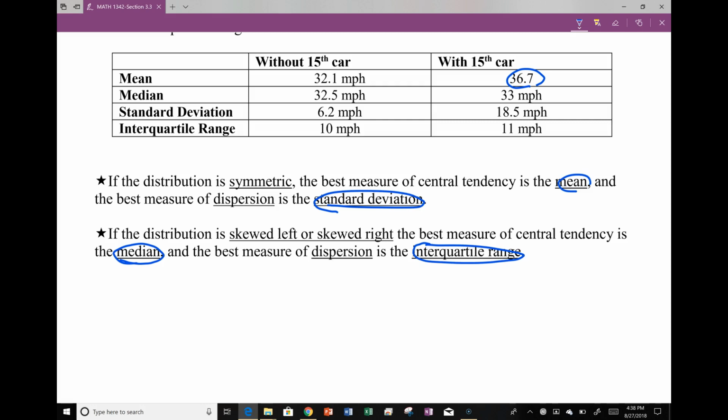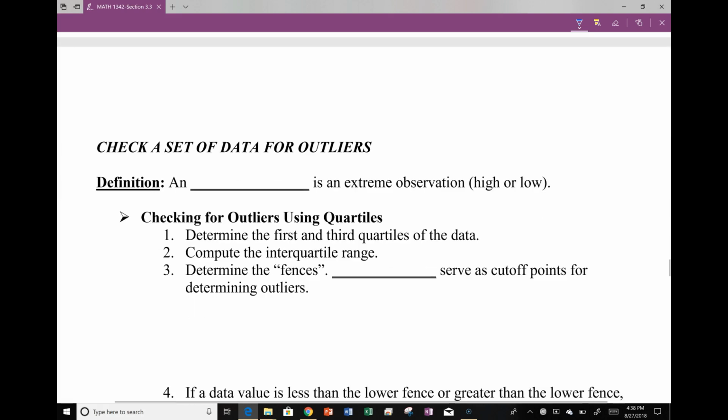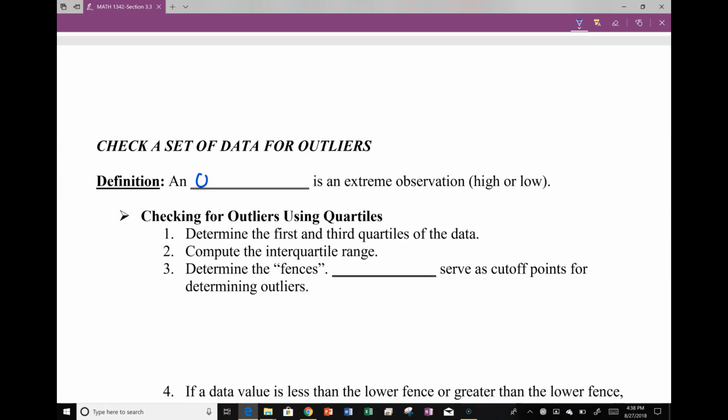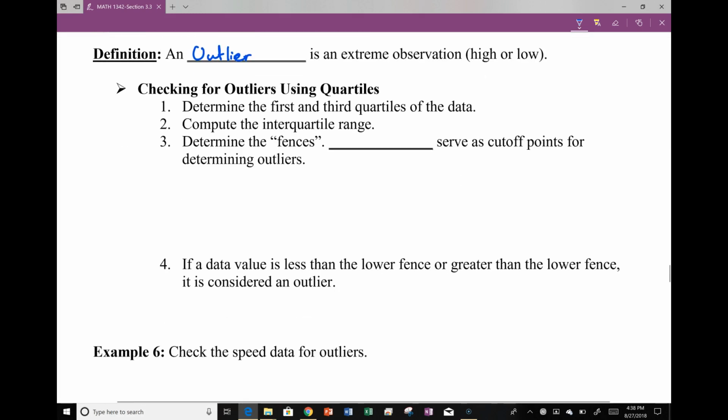whereas the mean and the standard deviation do not. Now, I've been bringing up the outliers quite a bit, so let's look at what an outlier actually is. An outlier is an extremely high or extremely low observation. It's those extremes. In order to check for outliers, we're looking at the data. We determine our first and third quartiles.